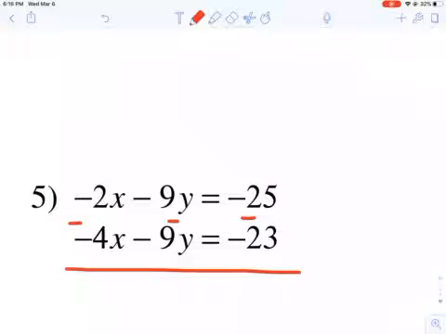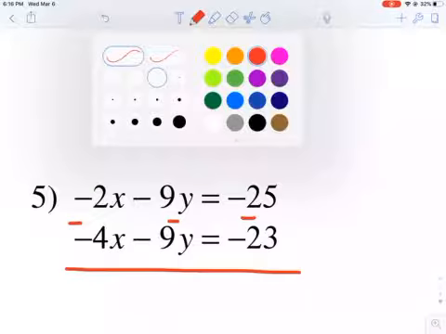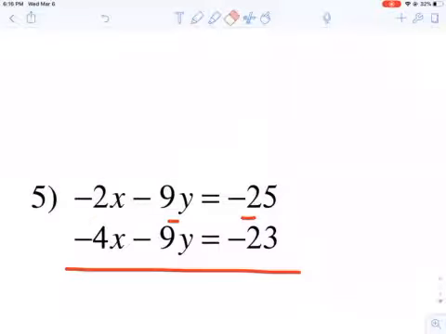And what do you know, I have two negatives here. Gives me positive, I like that. So then I get negative 2x plus 4x gives me 2x. Here I have negative 9y minus negative 9y. Again, two negatives, positive. Negative 9y plus 9y cancels out.